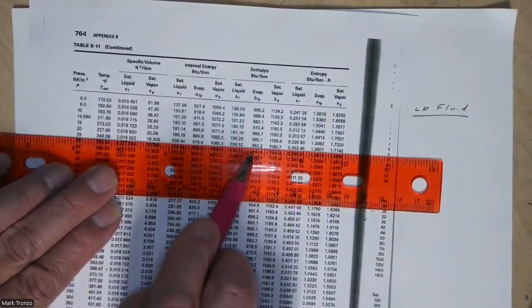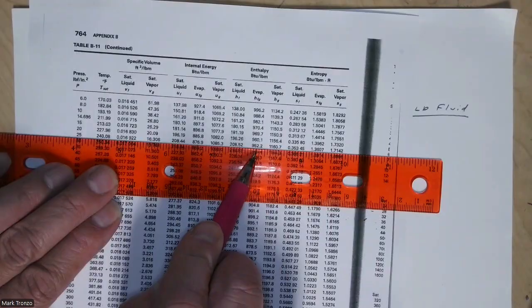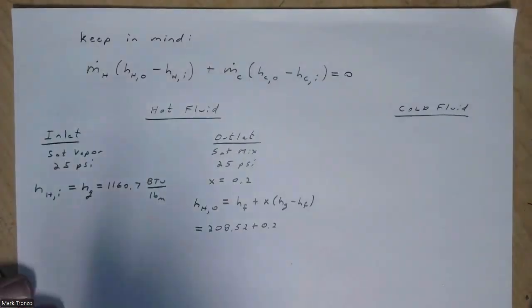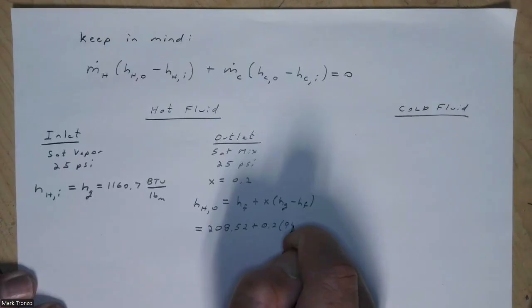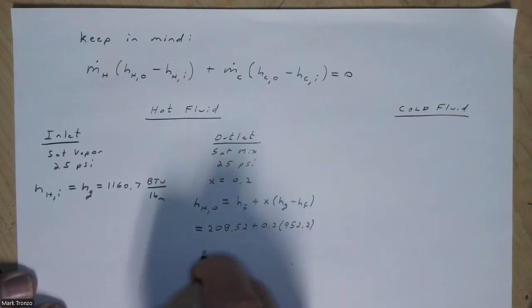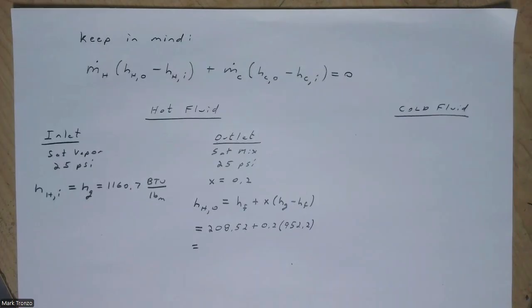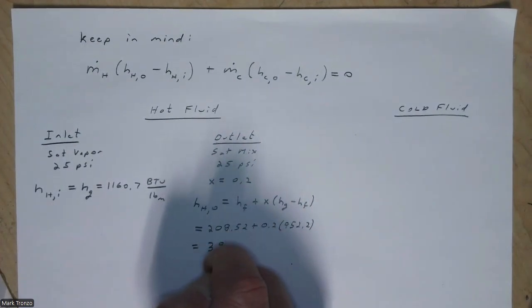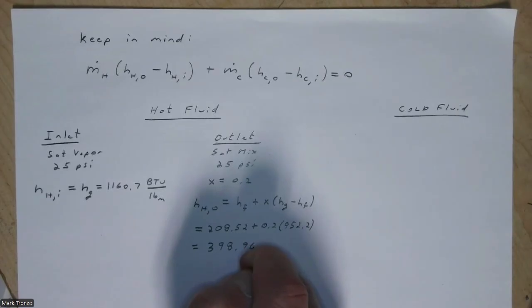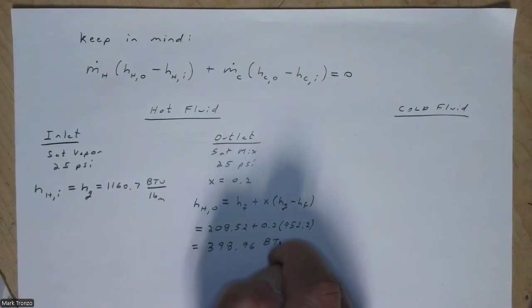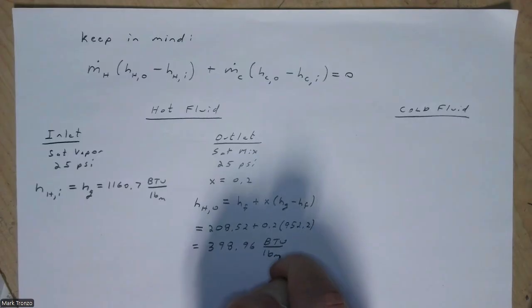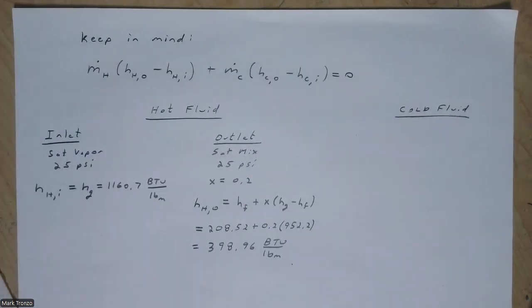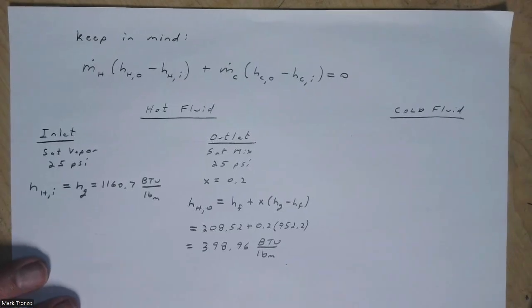That's called HFG, and that's 952.2. And put that in your calculator. I'm getting 398.96 BTUs per pound mass. And I think that's all we need for the hot fluid.